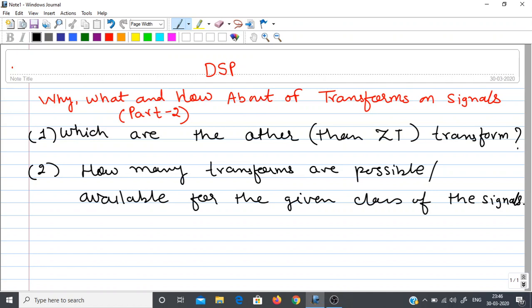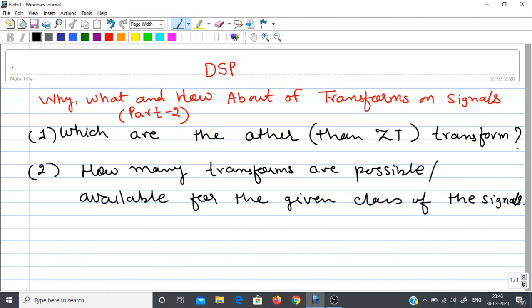So first I will answer question number two. As we saw in the previous video, transform is nothing but change of basis. We represent a signal in terms of some other signals, and these other signals are called bases.